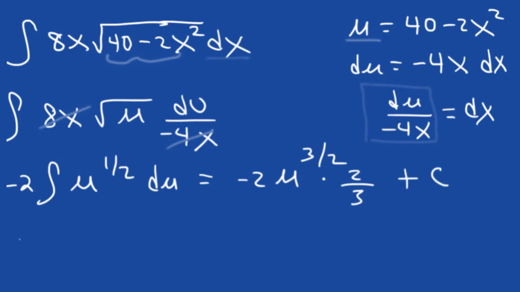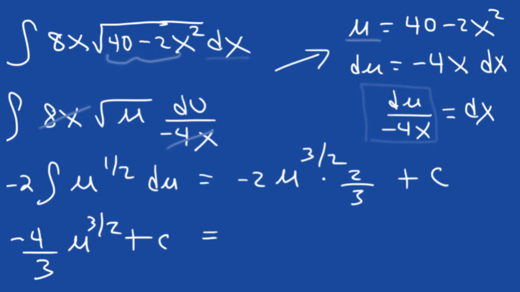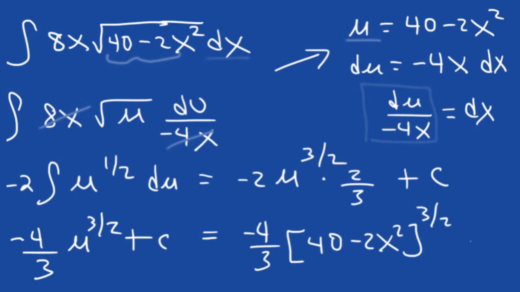So negative 2 times 2/3 is negative 4 over 3. Now the last thing we need to do is replace the u variable with 4 minus 2x squared. So the final answer is negative 4 over 3, times 4 minus 2x squared to the 3 over 2, plus c, and that's all.